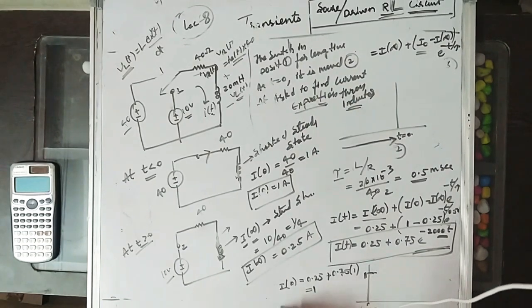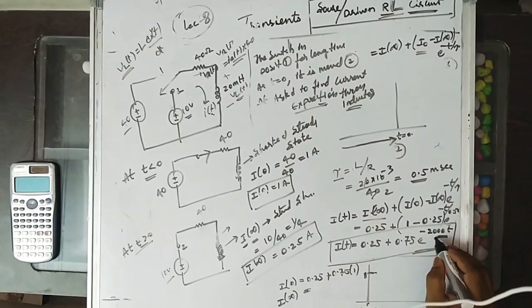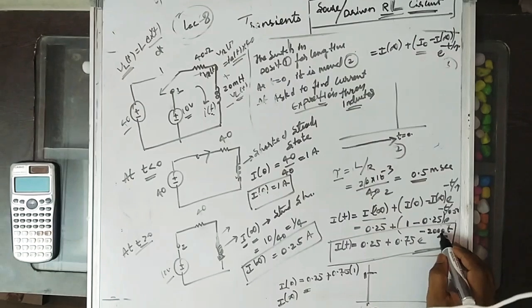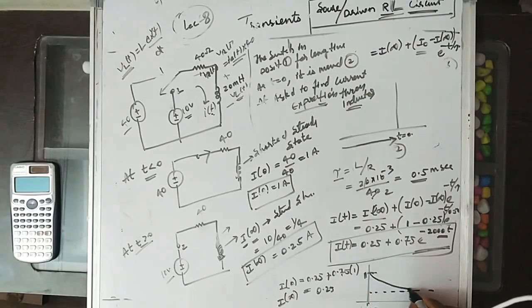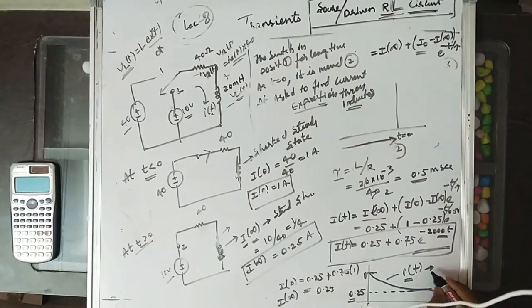Now at time equal to infinity, e power minus infinity equals 0. It becomes 0.25. That means as t tends to infinity, the current decays to 0.25 only. This is I of t, the current flowing through the inductor.